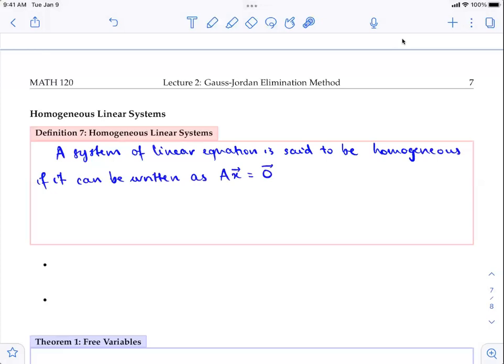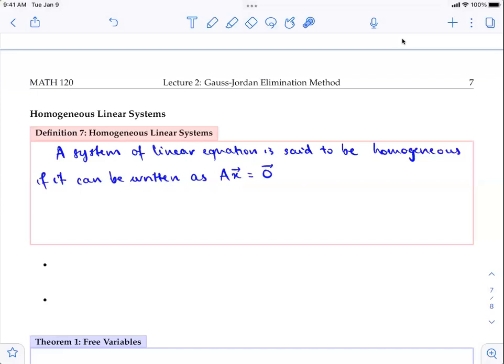So let me stop right here. A is a matrix, this is the coefficient matrix. The x with the arrow on top, we call that a vector or a column matrix. So A times x, usually x is used for the column of variables: x1, x2, x3, and so on, or x, y, and z. And equal to a right-hand side, this is the constant vector that we talked about earlier. But the constant vector now is just a bunch of zeros.